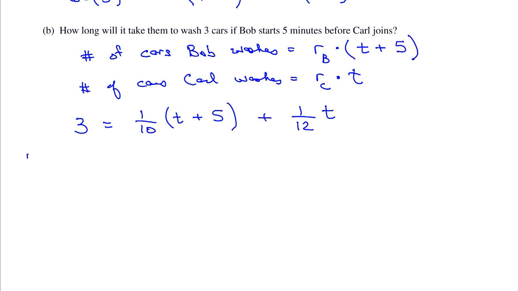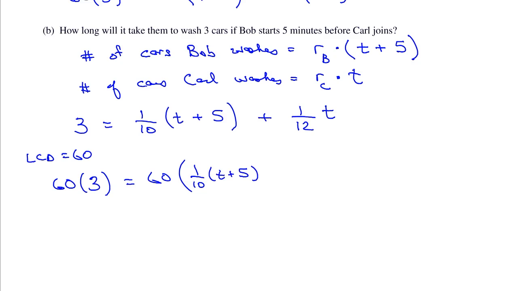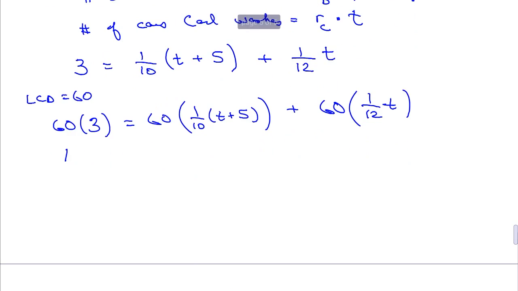The LCD, again, is 60, so we multiply both sides by 60. And clear those denominators. So we have 180. 60 divided by 10 is 6. And then 60 divided by 12 is 5.